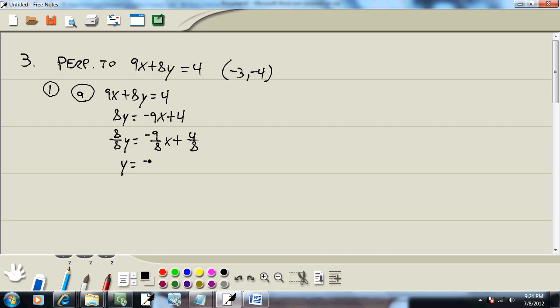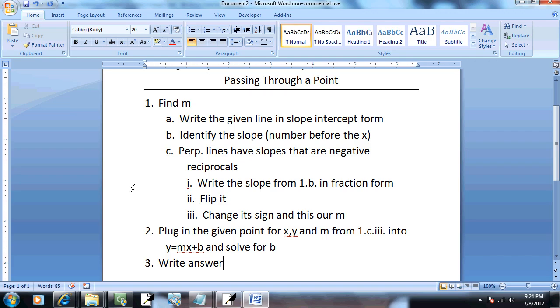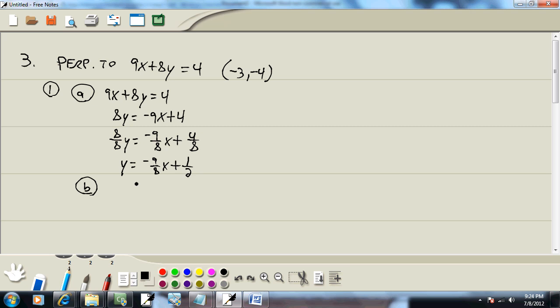And we get y is equal to negative 9/8 x plus 4/8, which reduces to 1/2, though we don't need it. Now b said to identify the slope. This is the number before the x. Once we put it in slope-intercept form, it's very easy to figure out the slope. So the slope will be negative 9/8.